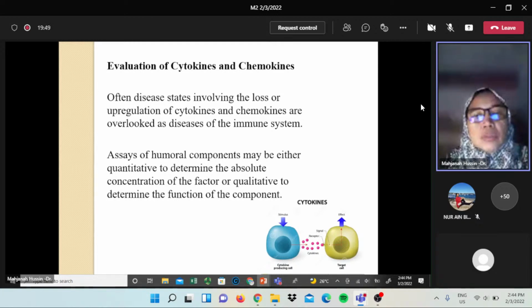Now we can also look at the cytokines and chemokines. These are also products of your immune reaction. Often disease states involve the loss or upregulation of certain cytokines or decrease of certain chemokines.